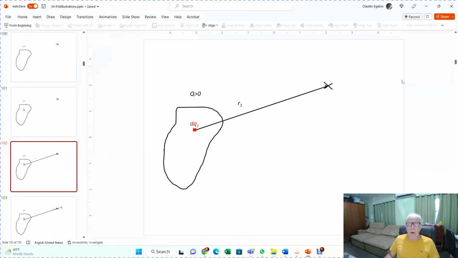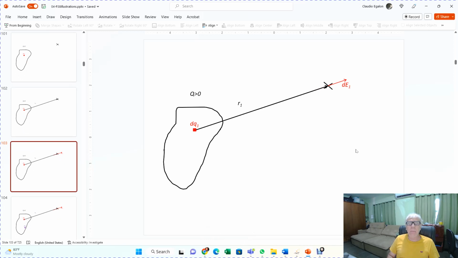So we want to calculate the electric field at this point here. We have to be aware that there is a position vector from the infinitesimal charge distribution to that spot. And then that infinitesimal charge, dq1, has this contribution to the net electric field at this spot.